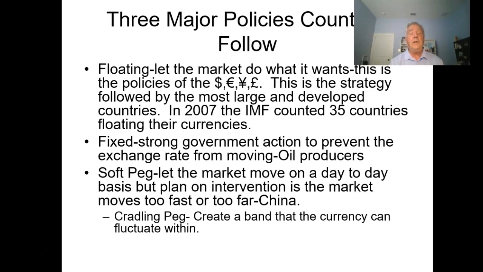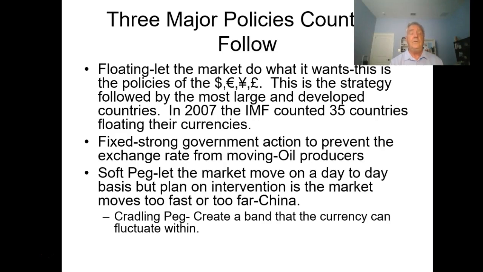A crawling peg is pretty much what China uses. What they do is they say, I have an upper band of how high I want my currency to get, or I have a lower band of how low I want it to get. So I'm going to move in and affect the market if it gets too close to that high level I want or that low level.